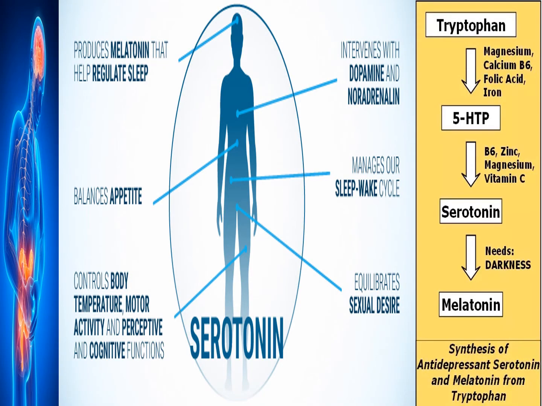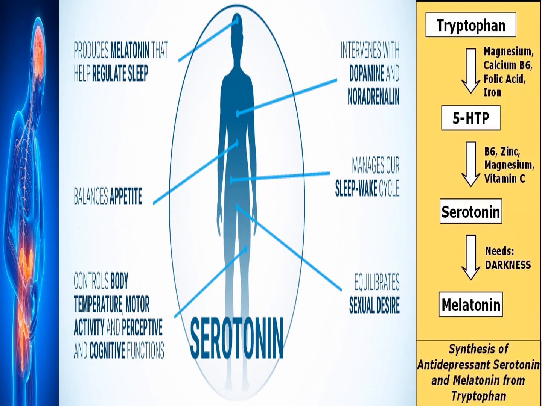Thus, for what physiological functions is this serotonin responsible? In short, this serotonin is involved in the control of body temperature. The serotonin regulates the major activity and perceptive and cognitive functions. Serotonin balances appetite.